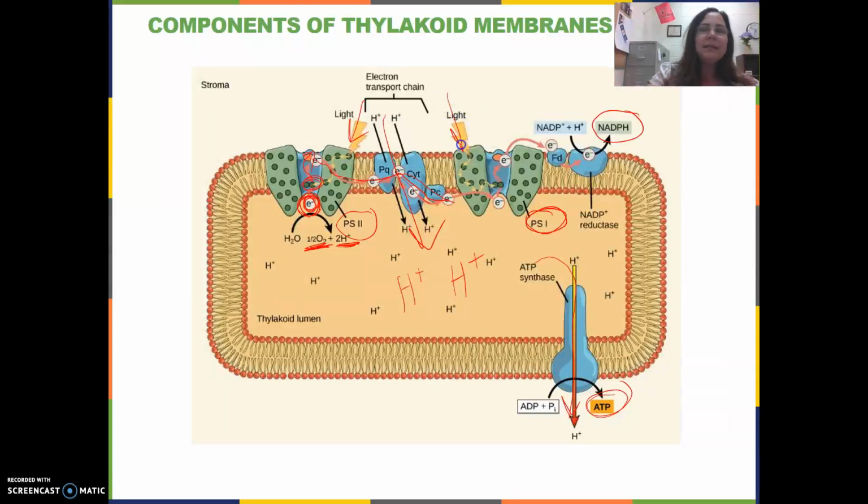Photosystem 1 absorbs sunlight energy. The pigment molecules, the electron, by the way, comes from the electron transport chain from photosystem 2.